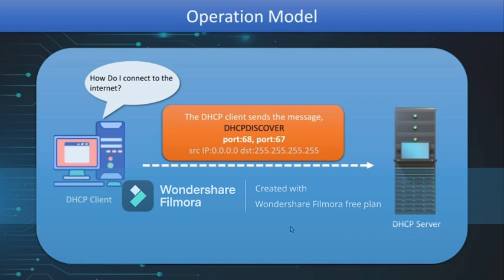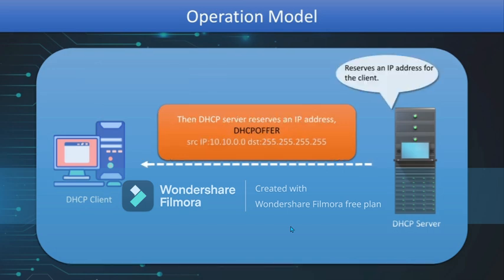In the broadcast message, the source IP is 0.0.0.0 and the destination IP is 255.255.255.255. These broadcast IPs are used to send the discover message, and the DHCP server will respond to it.